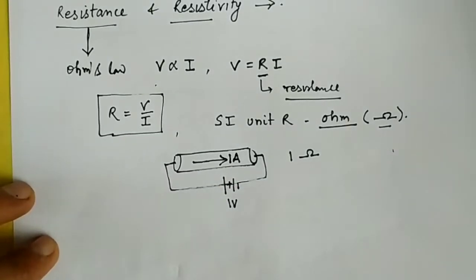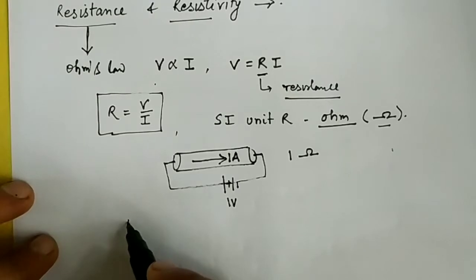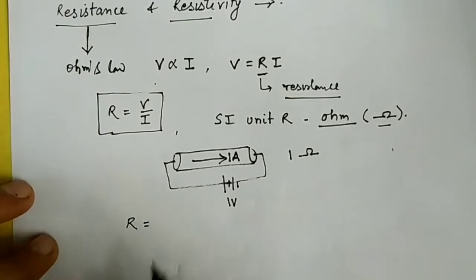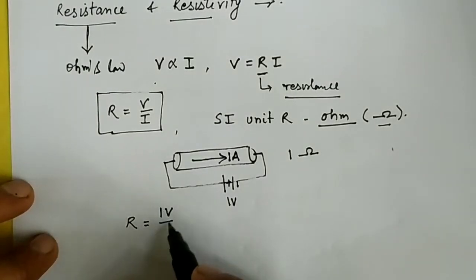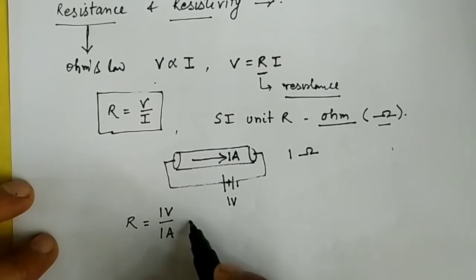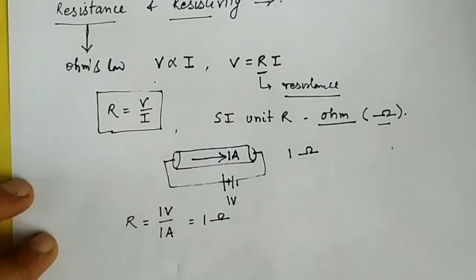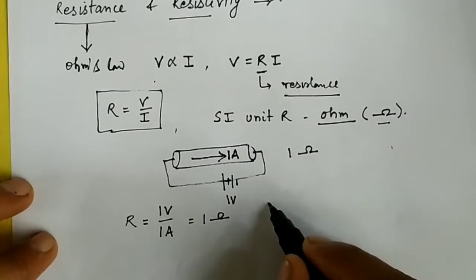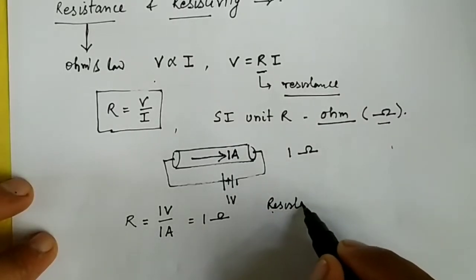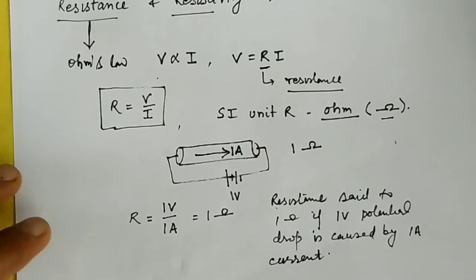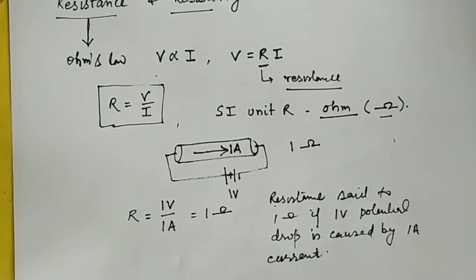That is, R is equal to 1 volt divided by 1 ampere, which is equal to 1 ohm. So resistance is said to be 1 ohm if 1 volt potential drop is caused by 1 ampere current.